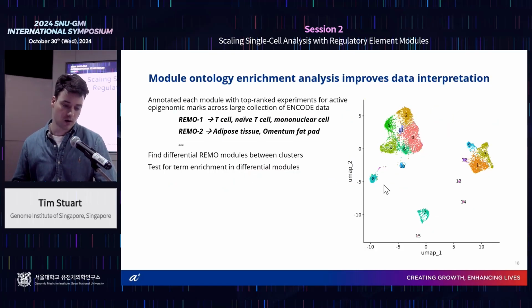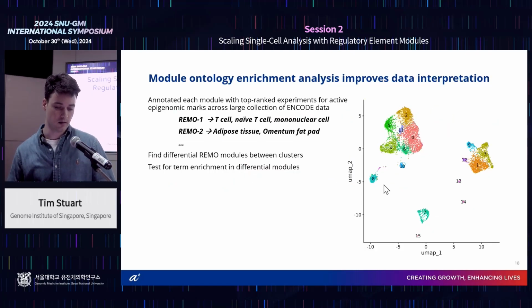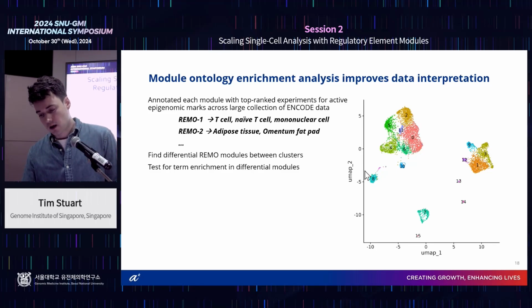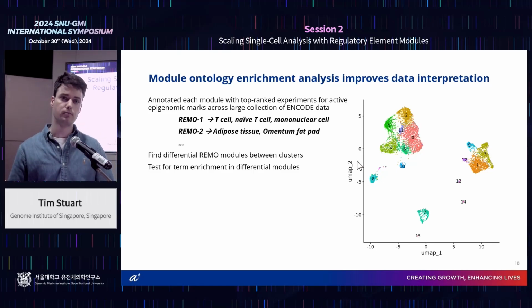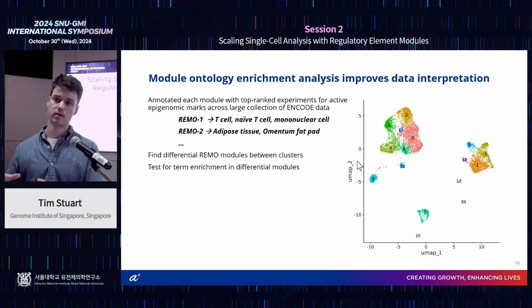So one last thing that we looked into, which I think is quite interesting, is that you can actually use these modules to help interpret your data as well. In clustering these cis-regulatory elements, we downloaded a ton of epigenomic data.